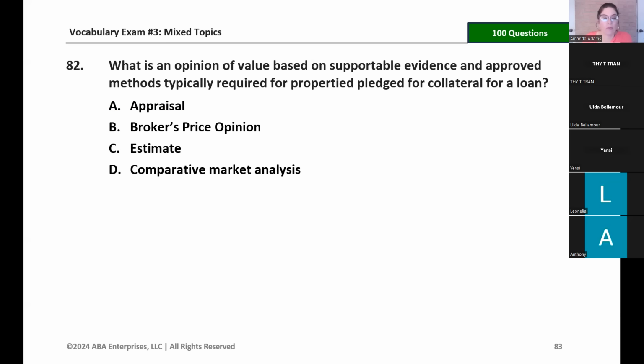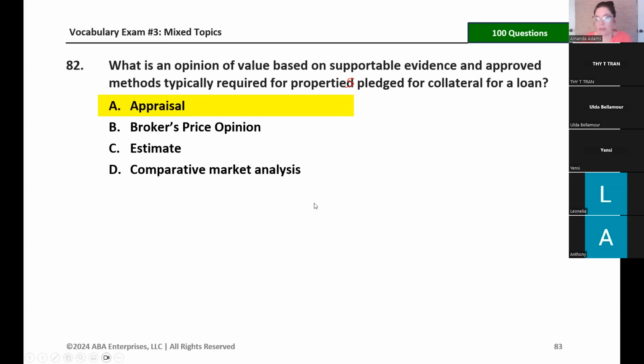Number 82. What is an opinion of value based on supportable evidence and approved methods typically required for properties, that should be an S, for properties pledged for collateral for a loan? We're talking about an A, an appraisal.